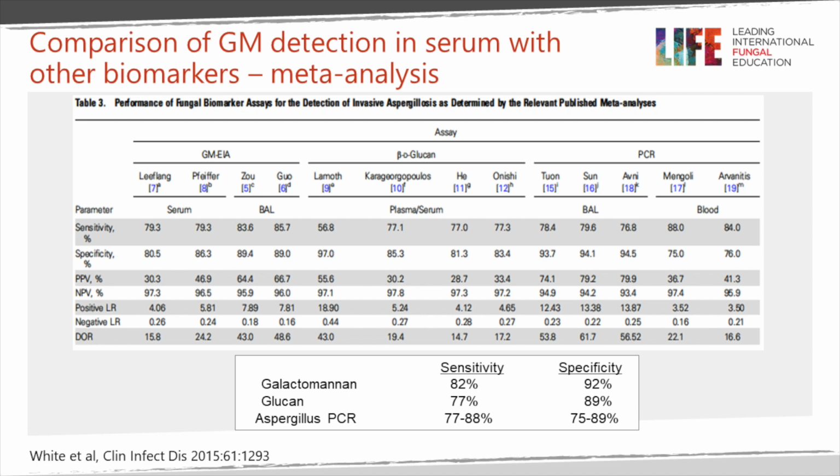There's a lot of data here, and this is taken from a very useful paper that was published a few years ago by one of our colleagues in Cardiff in the UK in Clinical Infectious Diseases, and we can compare the Galactomannan ELISA with the glucan test, and also with PCR. The parameters here are shown on the left: sensitivity, specificity, the positive predictive value, the negative predictive value, and so on and so on.